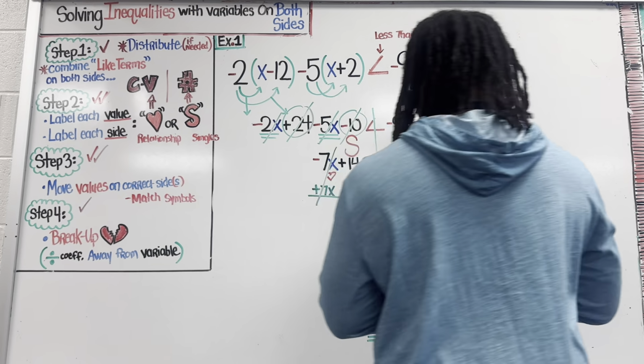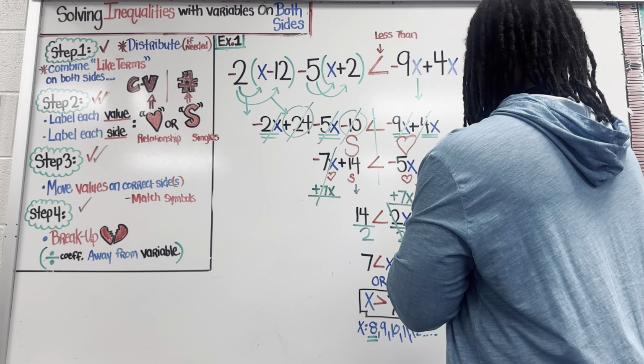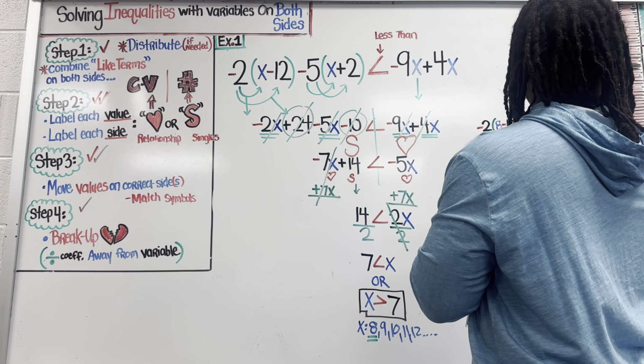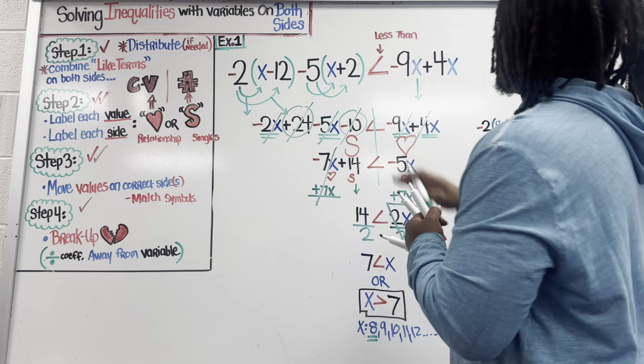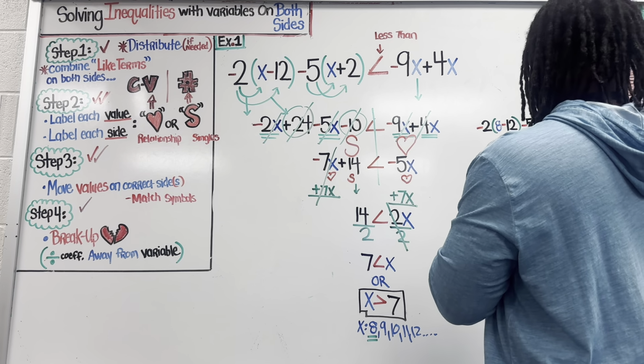So I have negative 2 times parentheses 8 minus 12, minus 5 times parentheses 8 plus 2, has to be less than the opposite side, which is negative 9 times 8, because x is 8, plus 4 times 8.